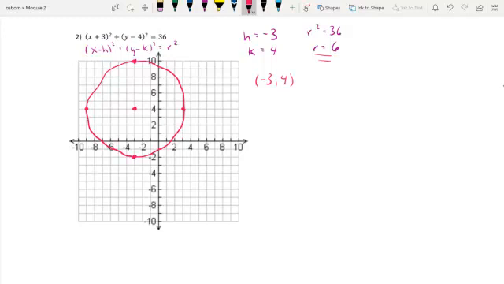Now we could make this a little bit better by first finding our x and y intercepts. Let me show you how we're going to do that. In order to find the y-intercept, just like before, we're going to let x equal 0. So I have (0 plus 3) squared plus (y minus 4) squared is equal to 36.